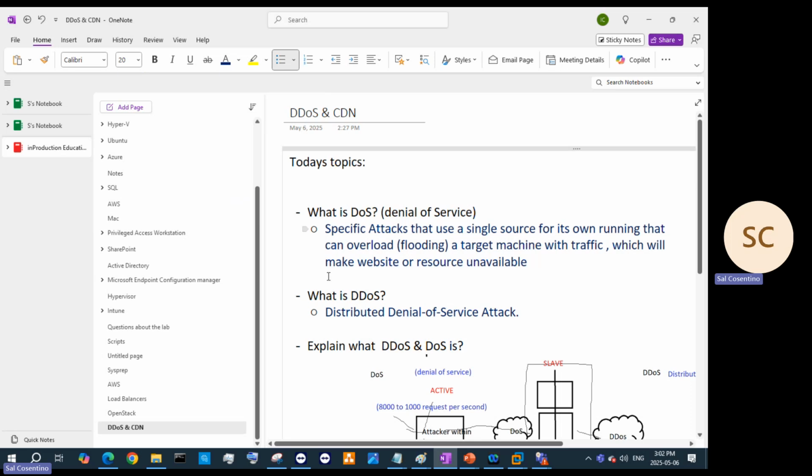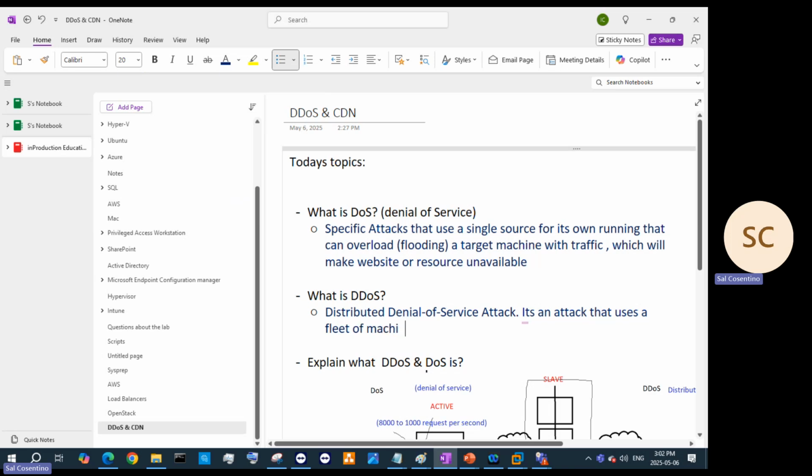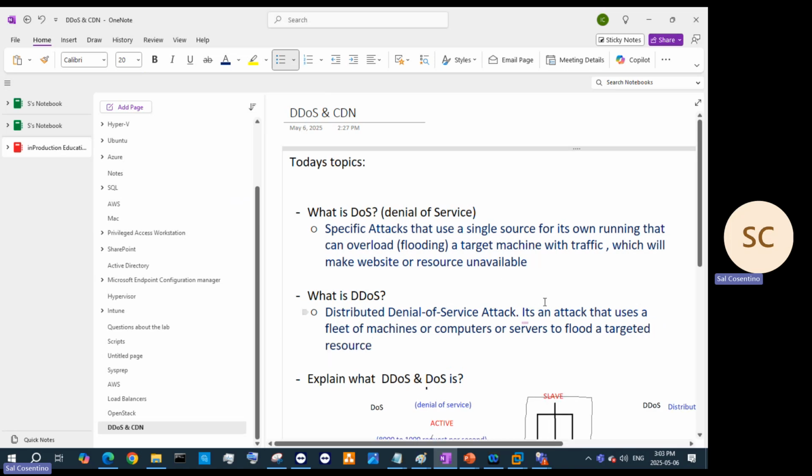When we talk about DDoS, we talked about a distributed denial of service attack, and what that is, is an attack that uses multiple machines, a fleet of machines or computers or servers, to flood a targeted resource.